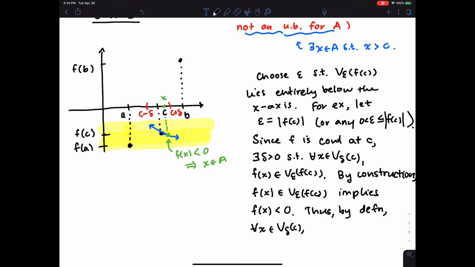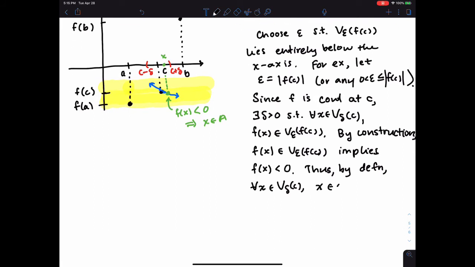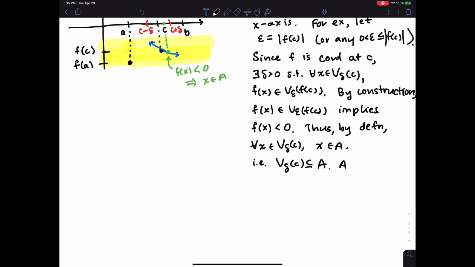So in particular, it's better for me to say here, x has to also be in A. So what we've really shown is that the entire delta neighborhood of c is contained inside A. So then the reason why this is a contradiction is the fact that any x in V delta of c such that x is greater than c is an element of A. Therefore, c is not an upper bound.